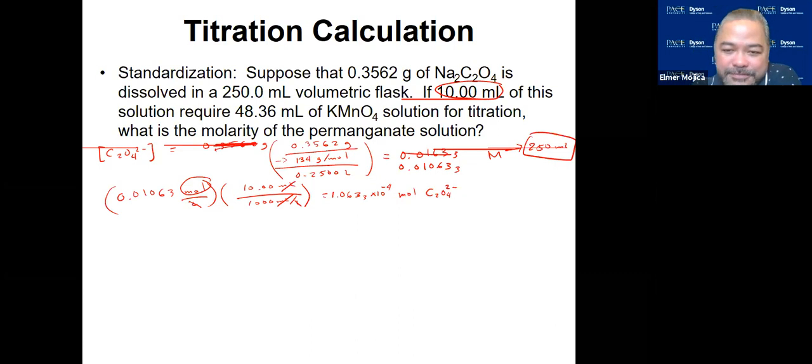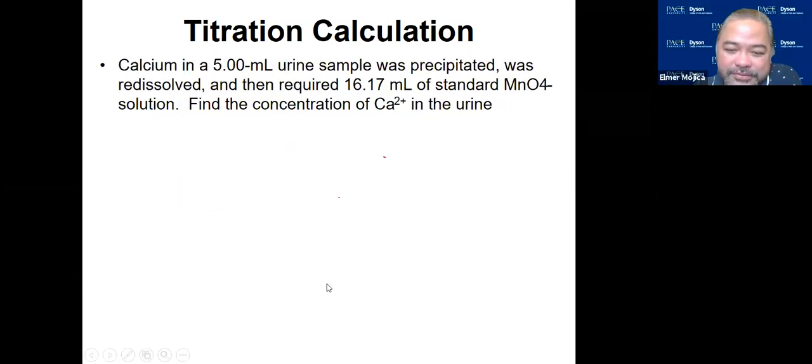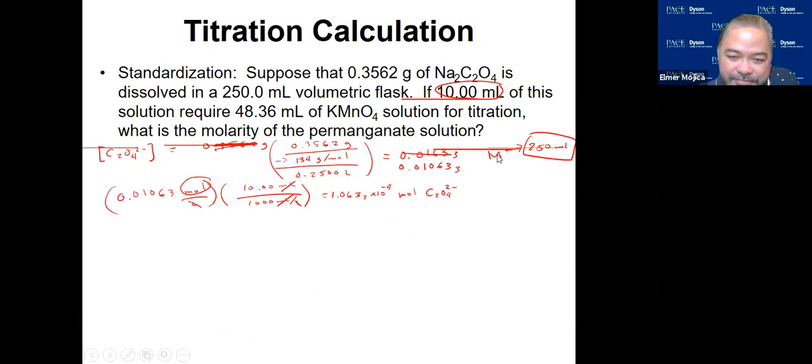So what do I do now to get the moles of the permanganate? We need to set it as a chemical equation. So we go back to the equation that we had before. How will I set up to get from here to the moles of the permanganate?